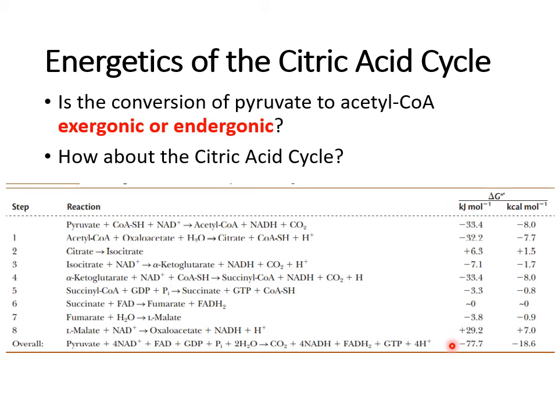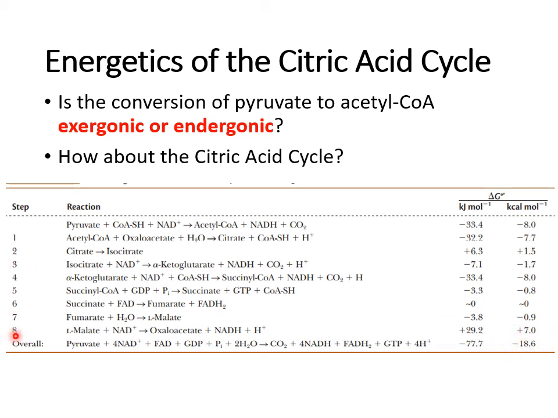And then when we look down at the overall reaction, if you get rid of that negative 33.4 from this negative 77.7 to just look at the 8 steps of the citric acid cycle, you will still end up with a number that's negative. So for instance, over here, if this first reaction is -8, the overall of all 9 of these steps is -18.6.